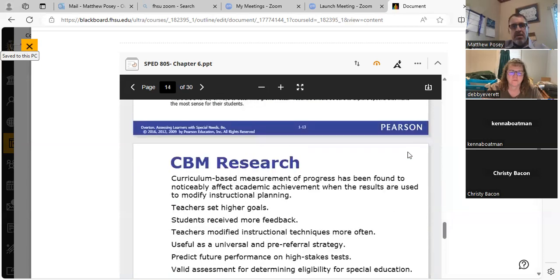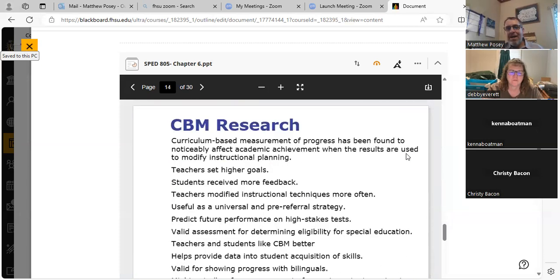Okay, just a little bit about research on CBM. It seems to have a noticeable effect on achievement when results are used to modify instructional planning. The whole purpose is to give you ongoing feedback on whether you need to adjust your instruction.